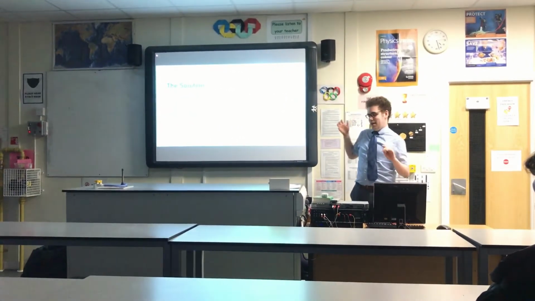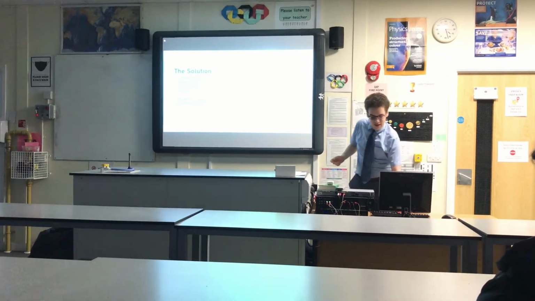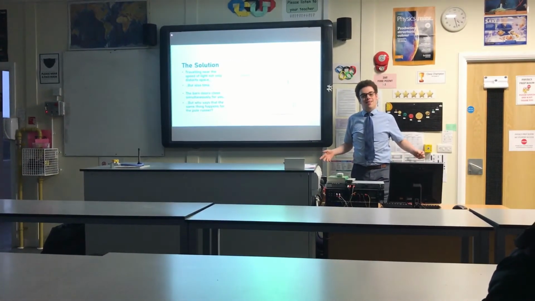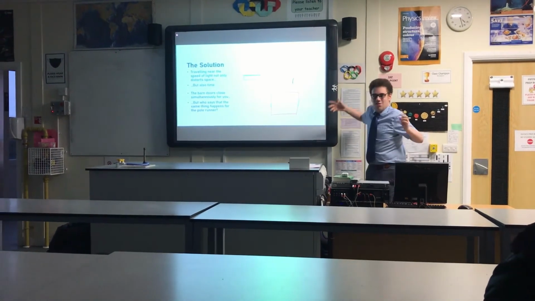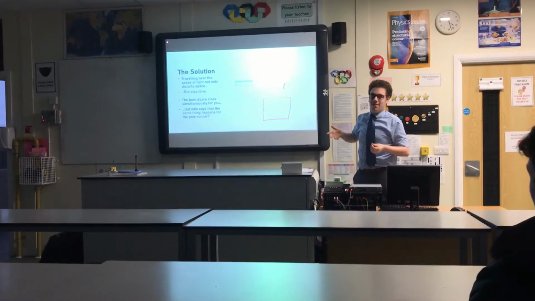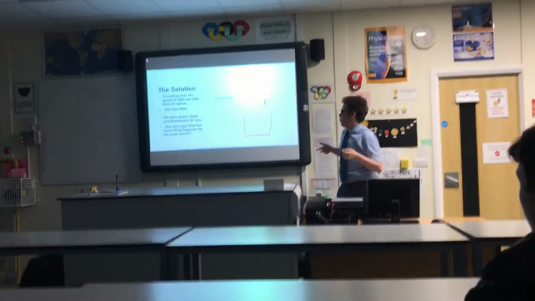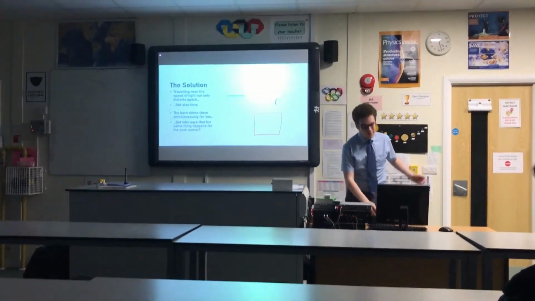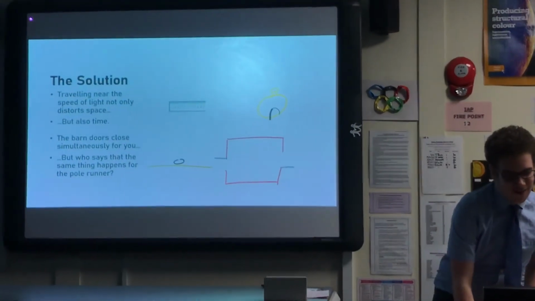We said that in the problem. But who says that the same thing happens to the pole runner? Well, since time distorts for him, because he's travelling near the speed of light, why would we say that time flows for him as it flows for you?